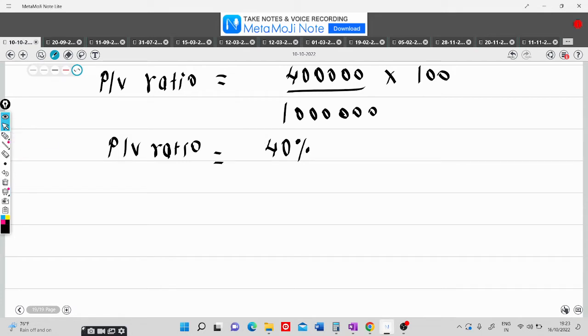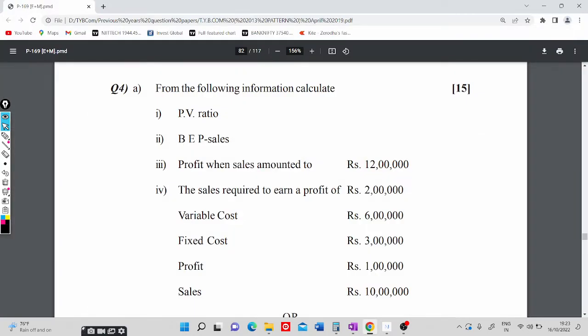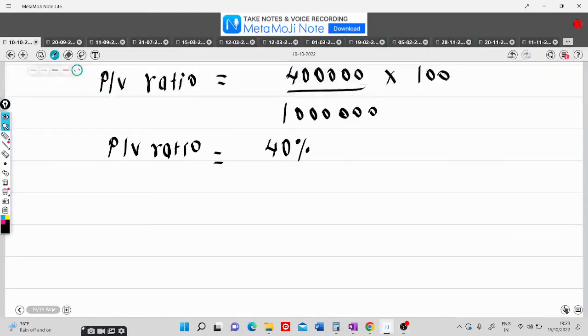In the problem, we have been asked to calculate break-even point sales. Break-even point is no profit, no loss situation. It is that level of output which we have to produce so that we will not have any profit and there is no loss even.